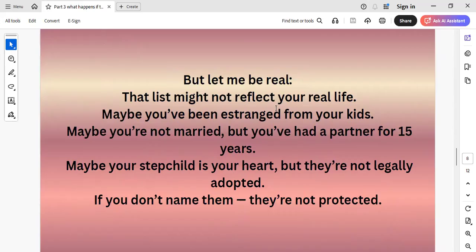Let me be real. This list might not reflect your real life. Maybe you've been estranged from your kids. Maybe you're not married, but you've been a partner for 15 years. Maybe your stepchild is your heart, but they're not legally adopted. If you don't name them, they're not protected.